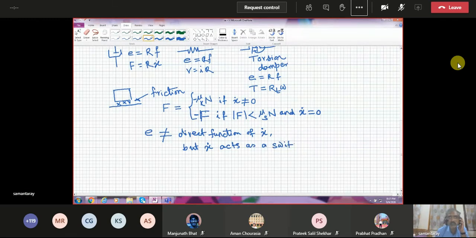That means whether it will be minus mu k N or minus f is decided by the value of x dot. So it's just a switch. All right. So again here, you cannot write in direct terms. We will write E is equal to some phi R of f.